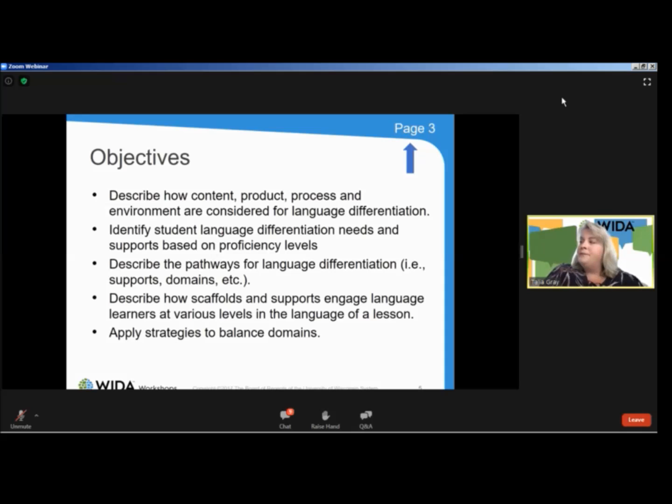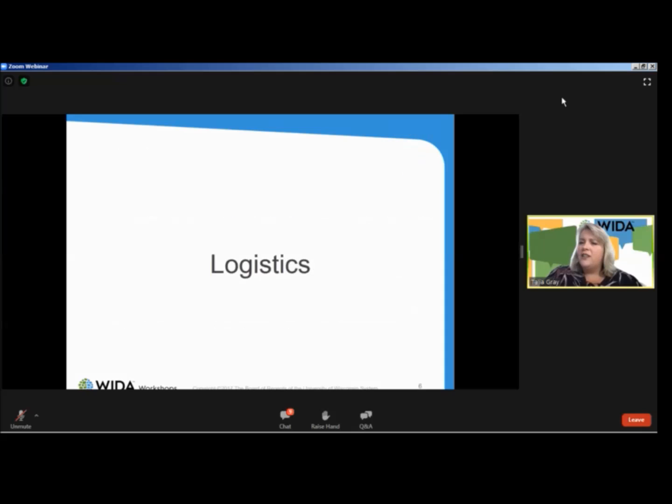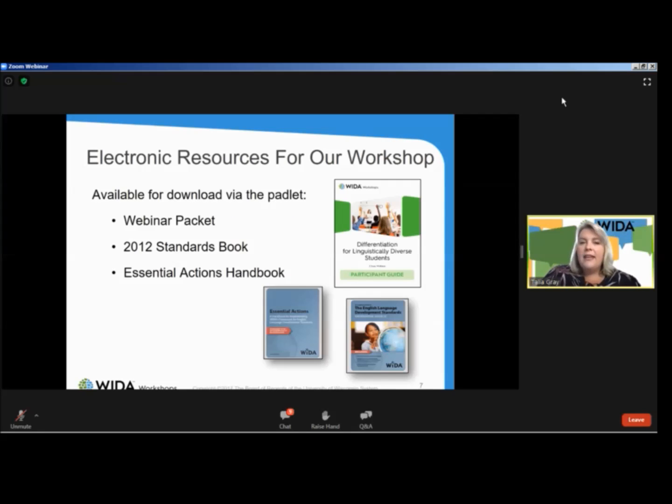So, let's talk just a little bit more about logistics for today. Here is a picture of your webinar packet that's available on the Padlet. You also have access on the Padlet to the 2012 WIDA Standards Book and also the Essential Actions Handbook. Now, these are wonderful resources for you.